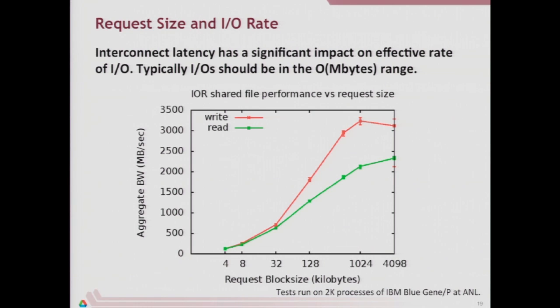So if you can find a way to get megabytes of data to move at a chunk in today's systems, you're ahead of the game. Okay? Now, we'll talk about how you can do that as we go here, and it's maybe not as complicated as it could be, but that's something worth keeping in mind when you're thinking about how your application writes data out to the storage system. How much data are you writing? Is that sort of an effective number, or are you sort of down in the bottom of this curve?